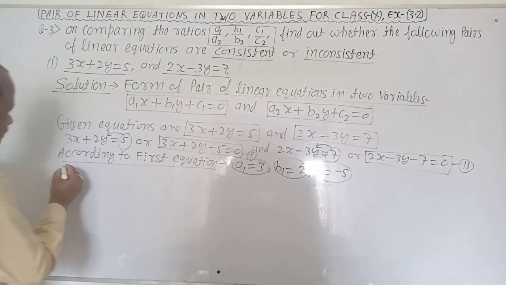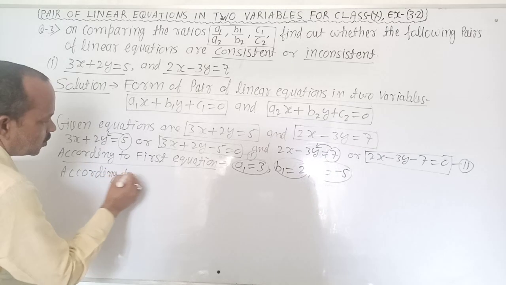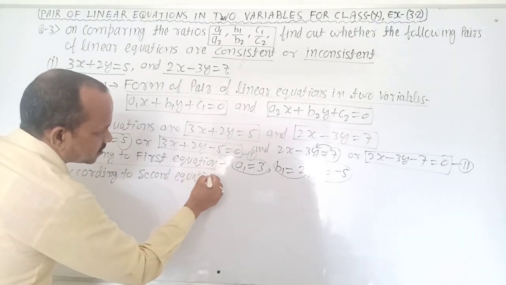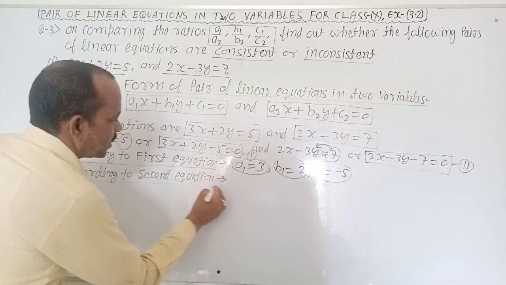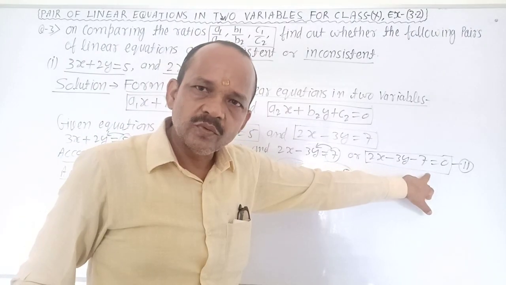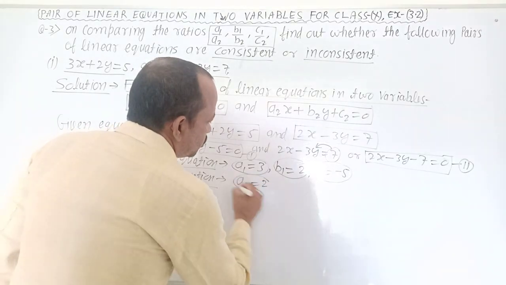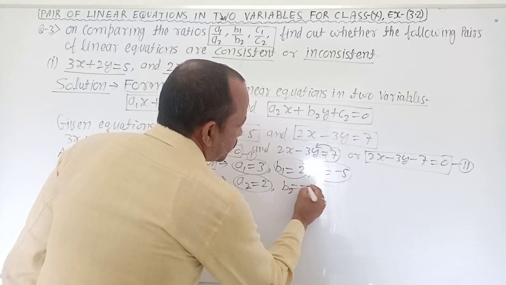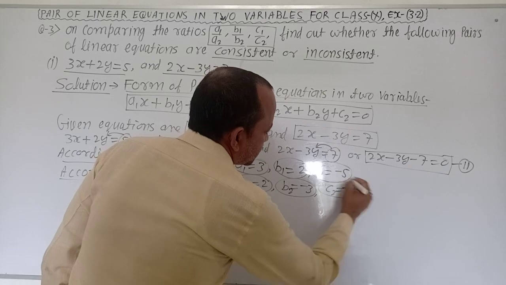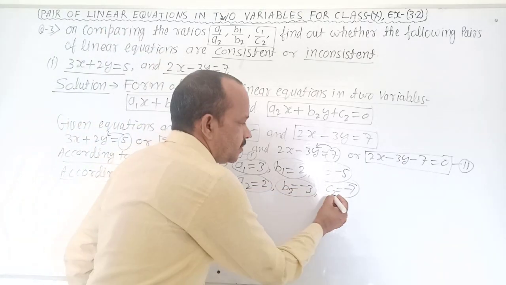According to the second equation, a2 equal to 2, b2 equal to minus 3, c2 equal to minus 7. Clear?